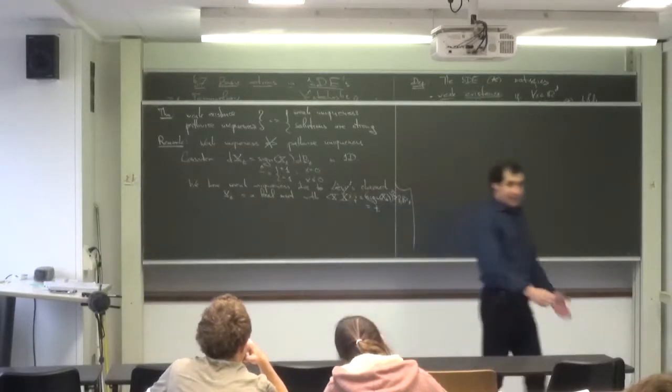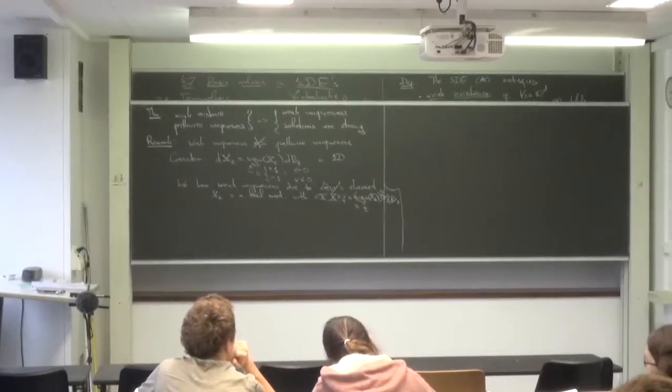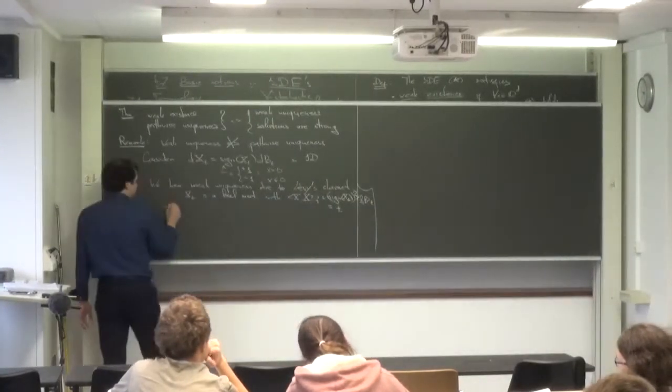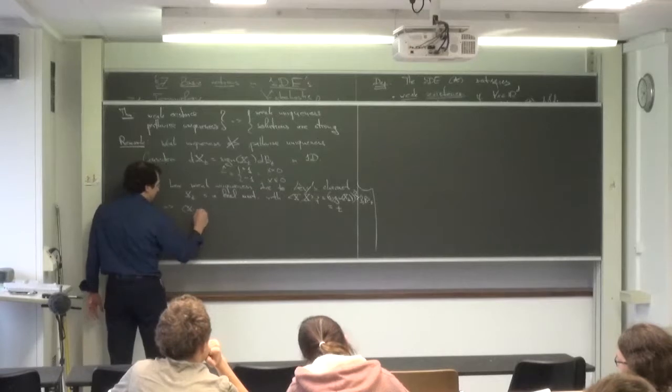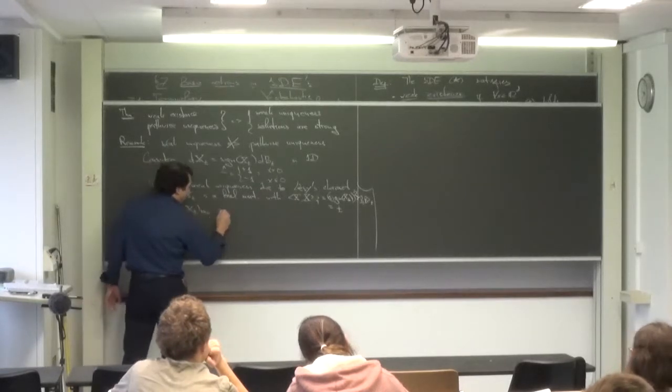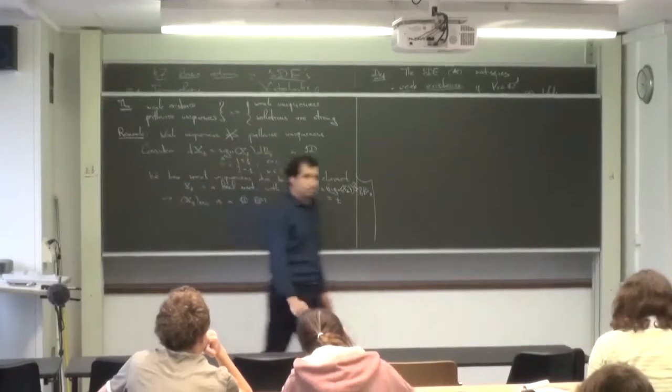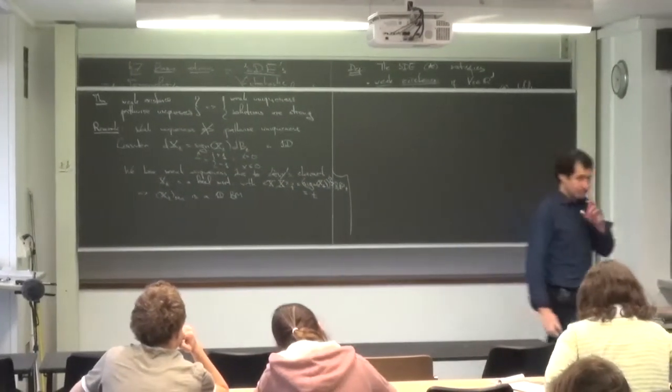So this is a local martingale, and x squared minus t is also a local martingale. So we know that it is distributed again as a one-dimensional Brownian motion.